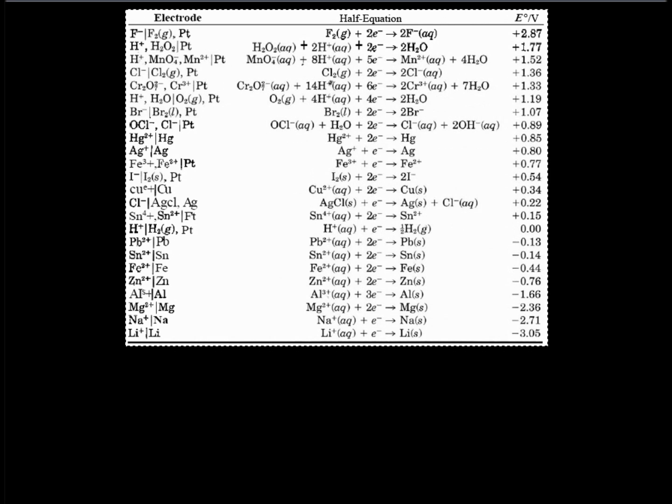The first question is, represent a galvanic cell using chromium and silver electrodes.